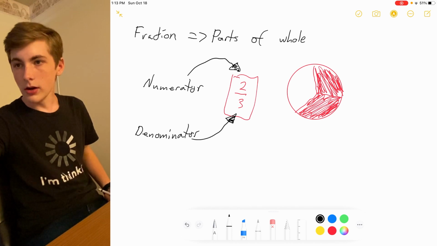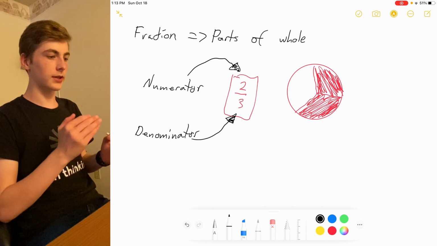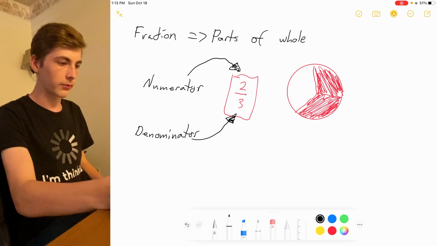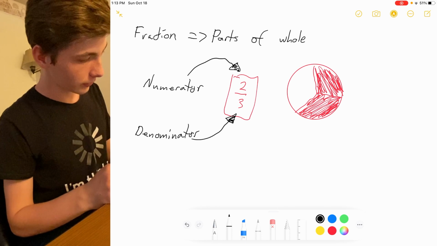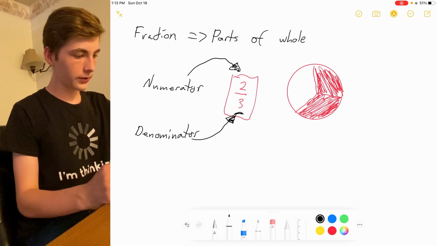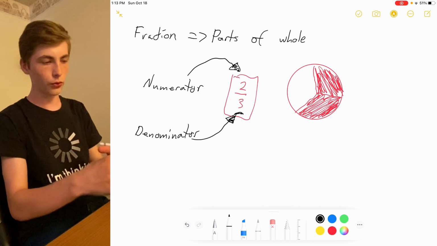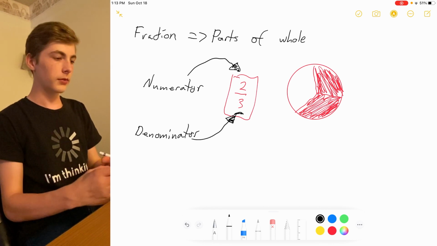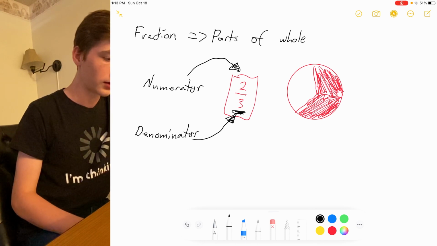Okay, the reason we have both of these is that they give us different pieces of information about this fraction. The denominator tells us how many parts the whole is divided into. In this case, we divided the circle into 3 parts, so that's why we have the 3 on the bottom.